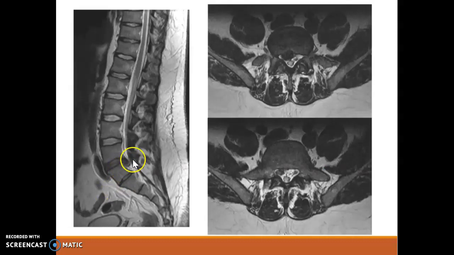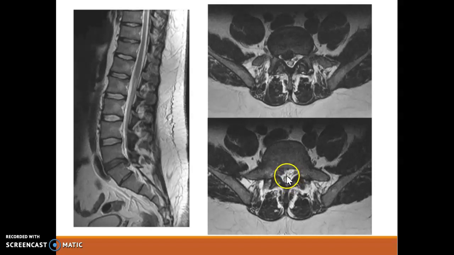As you can see here, you've got a disc bulge, and then looking at the images, this section here is the cerebrospinal fluid, and sitting underneath that, just here, is the exiting nerve root.